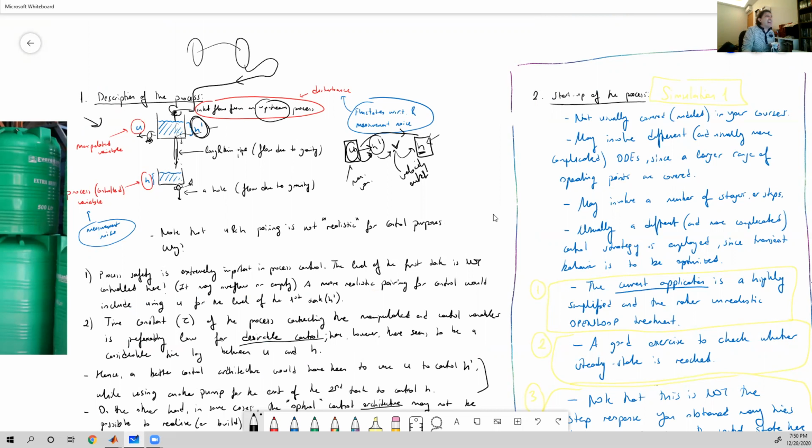Therefore, you cannot change this inlet value, because this comes from the upstream process, as I said. You are not responsible for that. You have to accept what comes. Therefore, from this unit's perspective, this is going to be a disturbance. You cannot change this value.